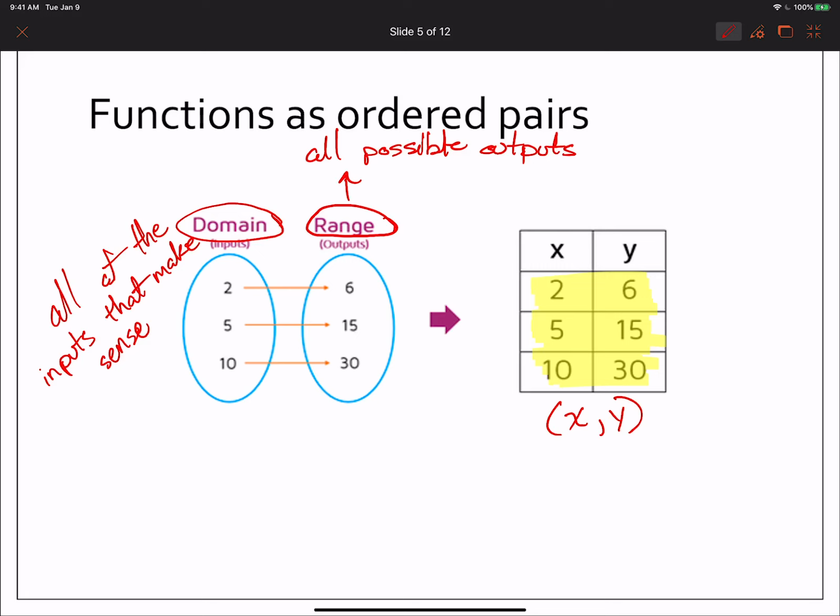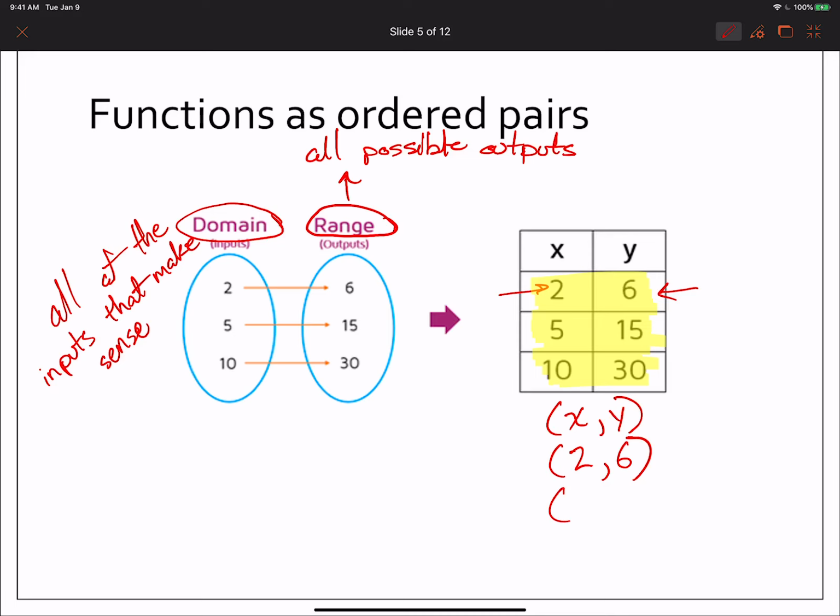And if we wanted to write the rest of them, see that here, the 2 is the input. What's the output? 6. So we could write 2 comma 6. That's an ordered pair. It's telling us that 2 goes with 6. If we put 2 into the function, we'll get out 6 from the function.